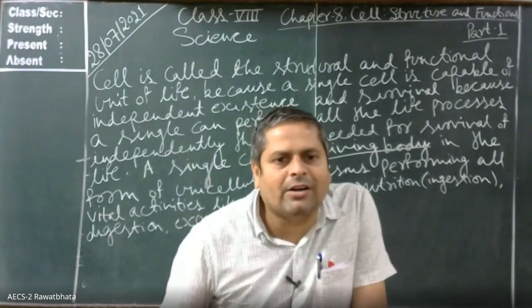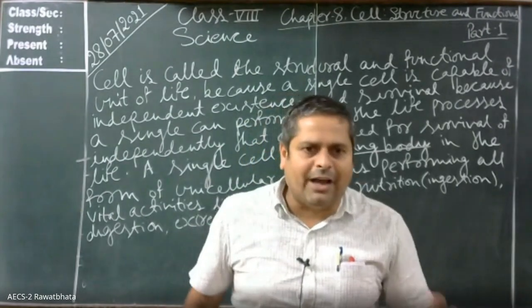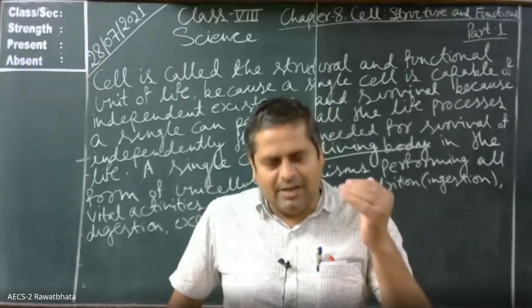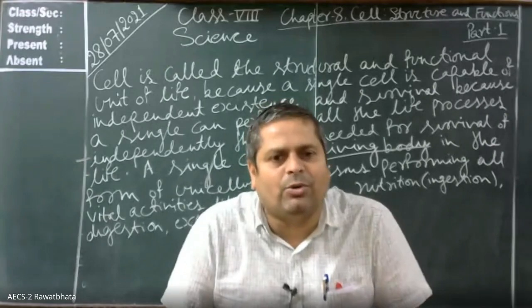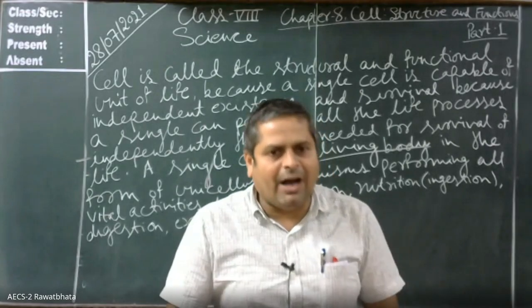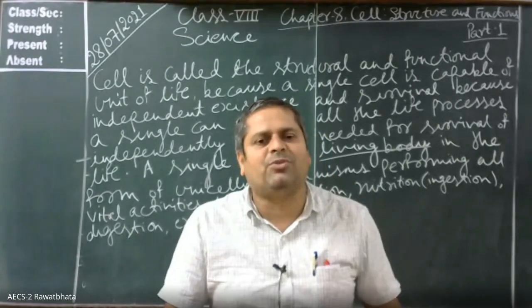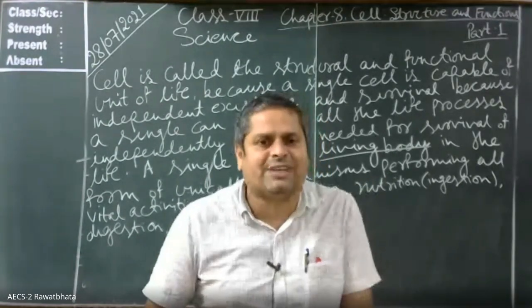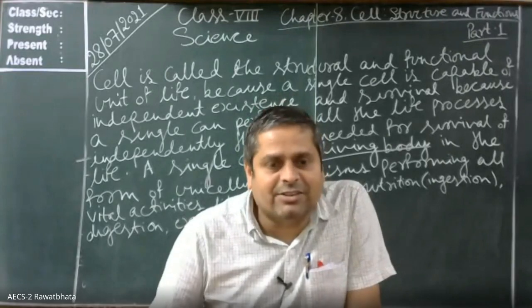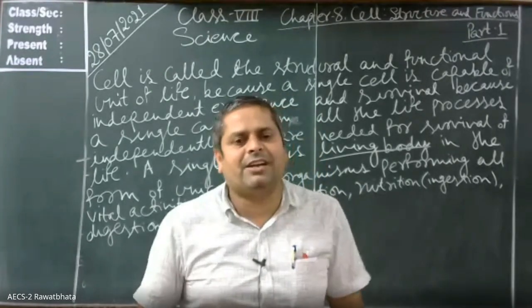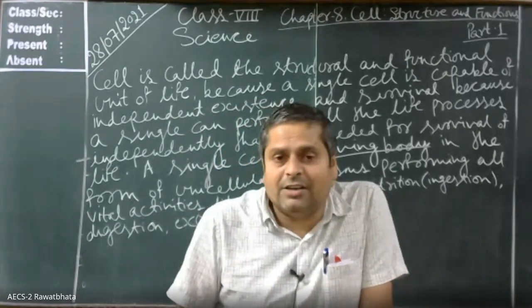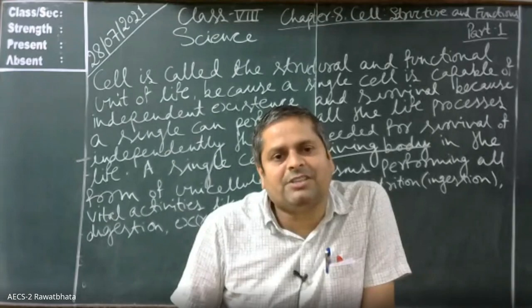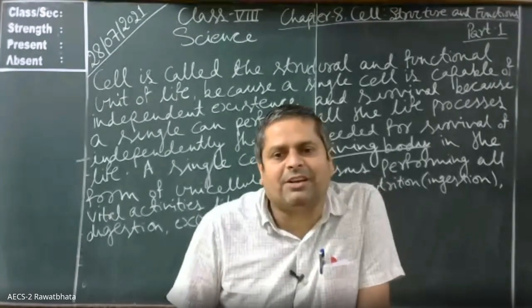Understand? It is not that कि single amoeba है तो वो reproduce नहीं कर सकता. It is capable of reproduction. Okay? For your kind information, let me tell you, amoeba reproduces by a process known as binary fission or multiple fission. It is asexual reproduction. We have studied in class 7th. Just recall, there we studied about reproduction in plants, sexual reproduction and asexual reproduction.